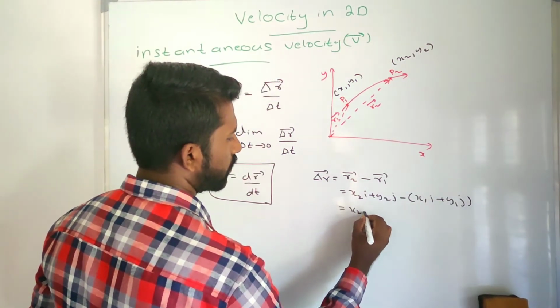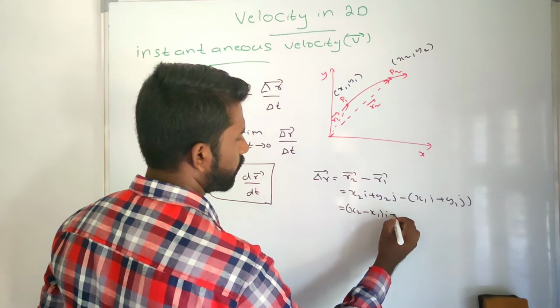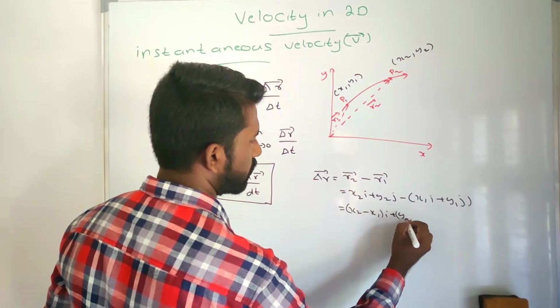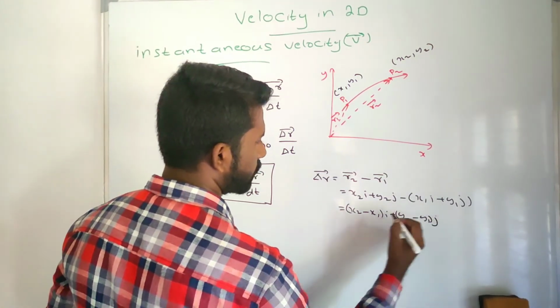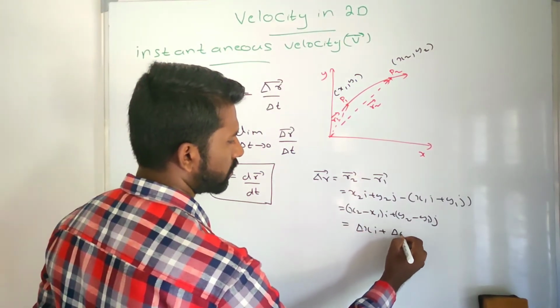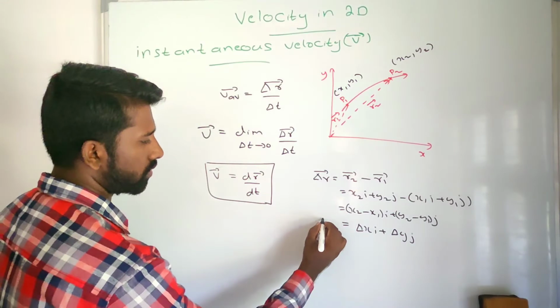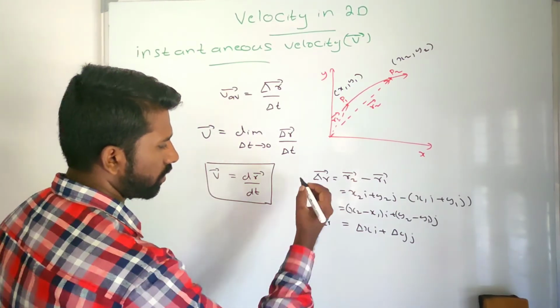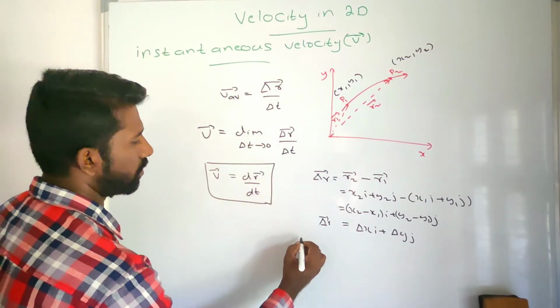From this you will get (x2 minus x1) i plus (y2 minus y1) j. Then we can write this as delta x i plus delta y j. This is delta r. Then we will substitute this in here.